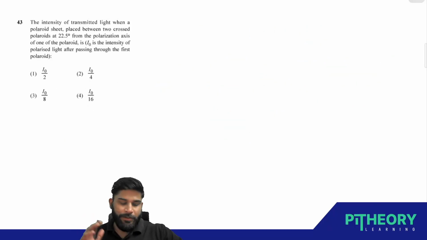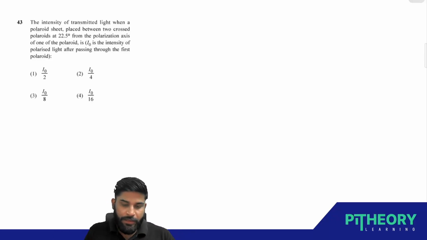So here is question number 43. The intensity of transmitted light when a Polaroid sheet is placed between two crossed Polaroids at 22.5 degrees from the polarization axis of one of the Polaroids is how much? It's given that I naught is the intensity of polarized light after passing through the first Polaroid.